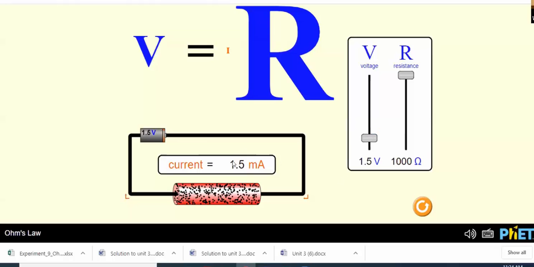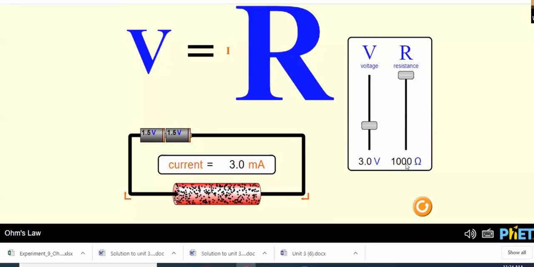So you set it at 1.5, you record the current, then you set it up to 3 volts and record the current, and so on. This will be the first table in the procedure, where resistance is set constant and the voltage and the current are the variables. The voltage is the independent variable that you manipulate as a conductor of the experiment, and the current will be the dependent variable.